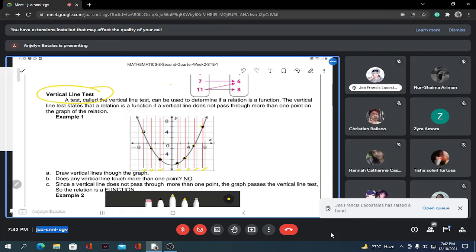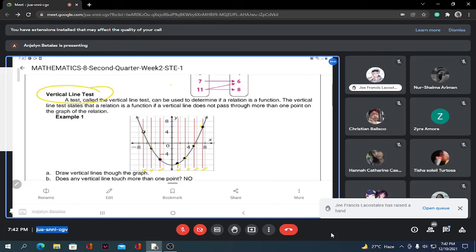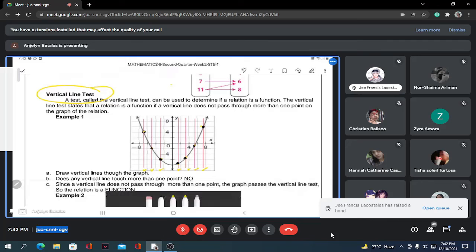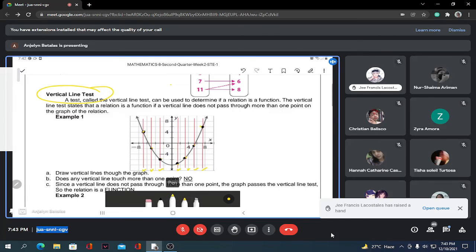Okay? Kaya akong explain sa inyo. Assuming lang 4, 5, 6. Sa may tunga-tunga sa 4 o 8. So 2, 4, 6. Sample lang.